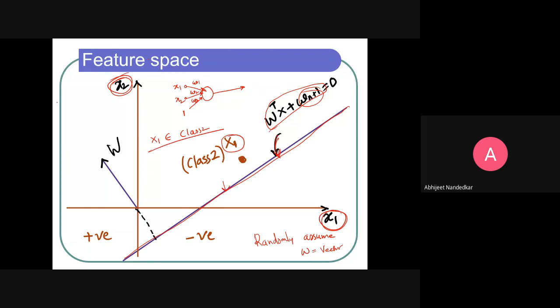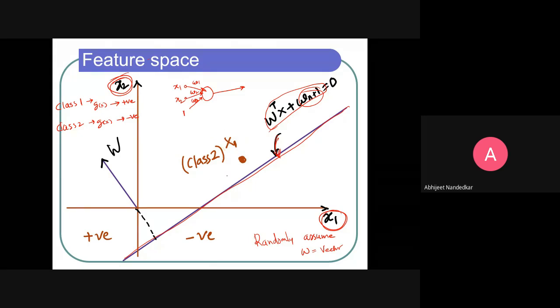Before I start, I want for class 1 g of x to produce a positive response, and for class 2 g of x to produce a negative response. That is our requirement. I draw the line which I have assumed randomly, and then find the list of samples which I want to learn. The first sample is lying over here, and I collect the coefficients of this line and draw this w vector.